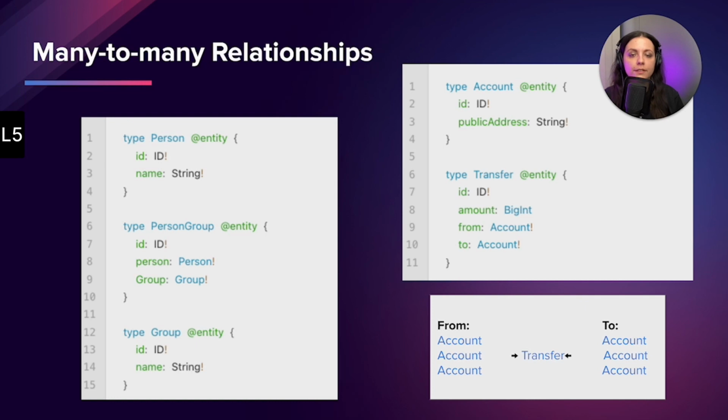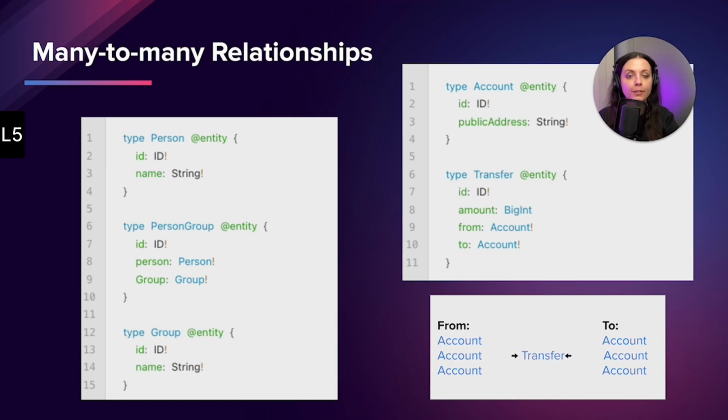This situation establishes a bidirectional relationship between account from and account to through the transfer table. And we will add a pretty similar example of a many-to-many relationship to our project.